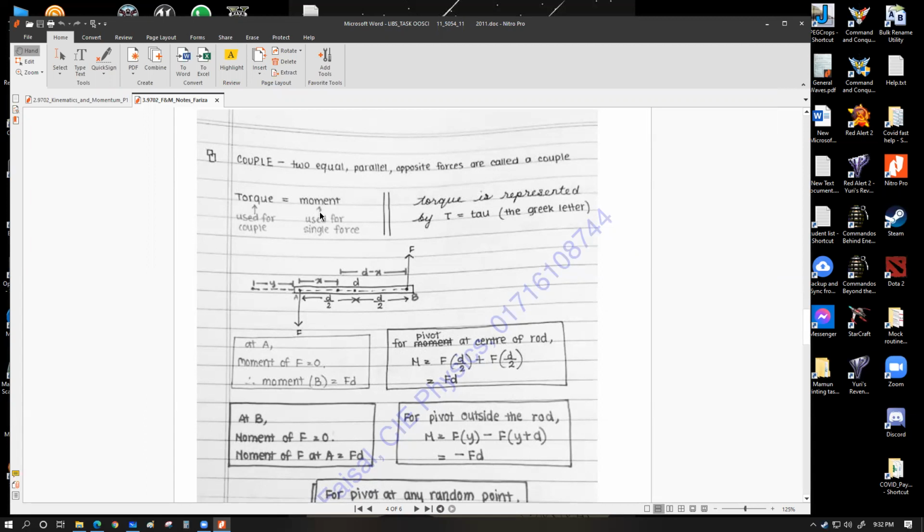But if we flip them, for example, if I say the torque of a force or the moment of a couple, they're perfectly okay and correct. So that's the part you shouldn't mess up. Torque and moment are both exactly the same thing, so we can use them interchangeably, no big deal. This part over here shows that torque is represented by the symbol tau.